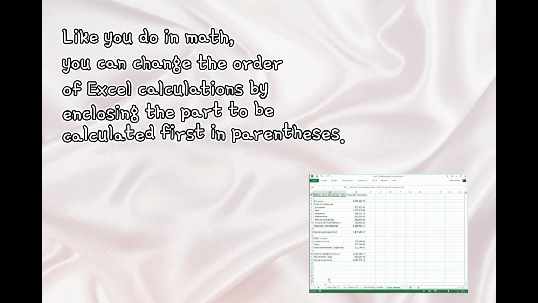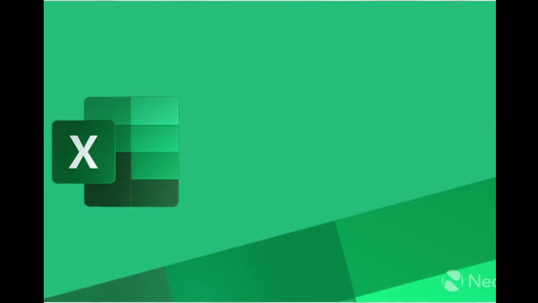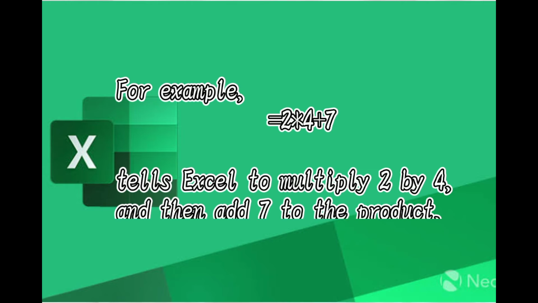Like you do in math, you can change the order of Excel calculation by enclosing the part to be calculated first in parentheses. For example, the calculation equals 2 times 4 plus 7 tells Excel to multiply 2 by 4 and then add 7 to the product.